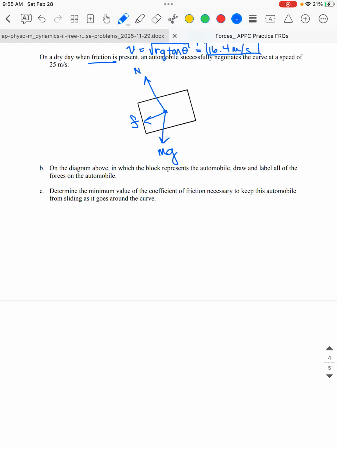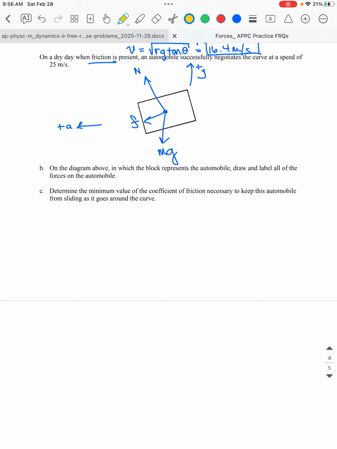Okay, so I've got my 3 forces, and I know acceleration is pointing to the left. So this is my positive direction, and I'm going to call upward the positive y direction. And I need to figure out how to break up my components so that I have them in my x and y axis.